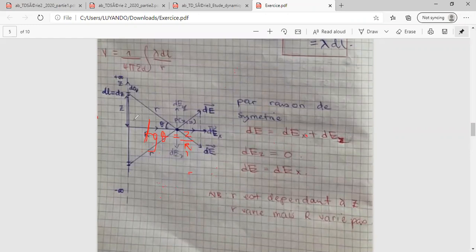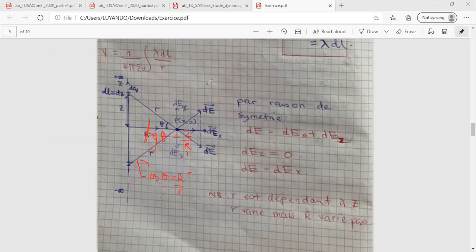So cos theta is equal to our adjacent, which is our capital R, over our hypotenuse, which is our small r.